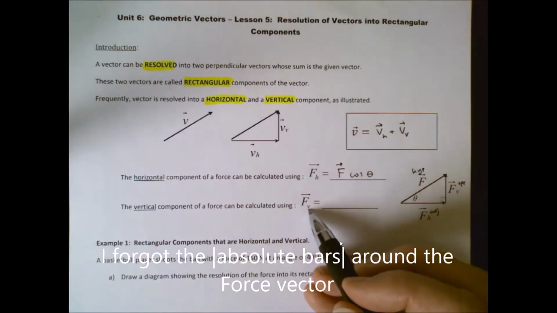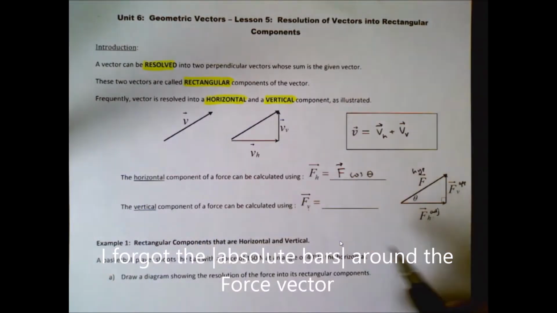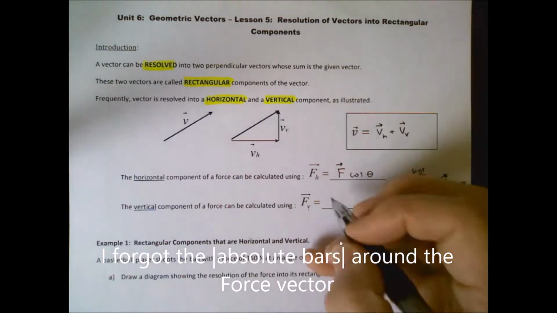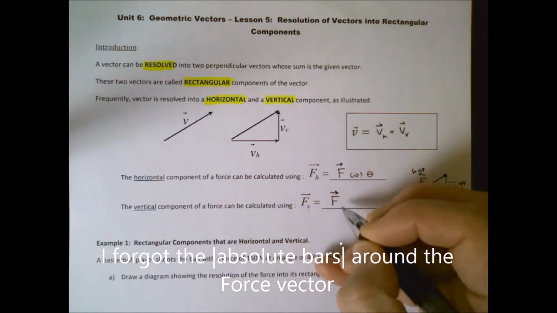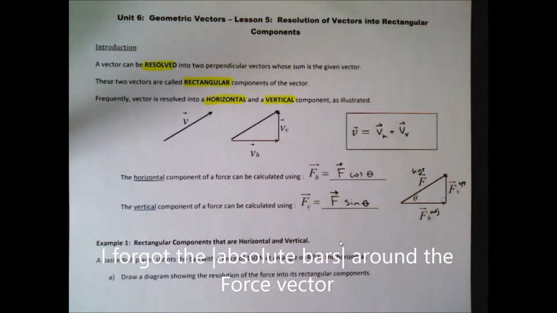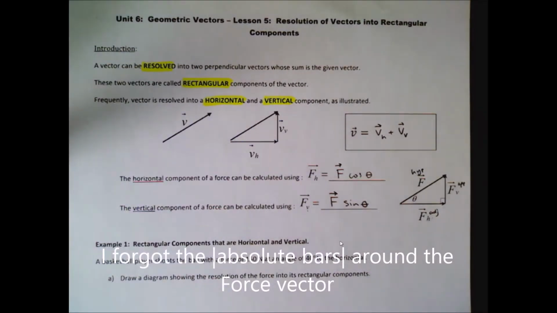And the vertical component, VV, using the opposite and hypotenuse, is the overall force times sine of theta. These two are very important, and we'll use them quite a bit in this lesson and beyond.